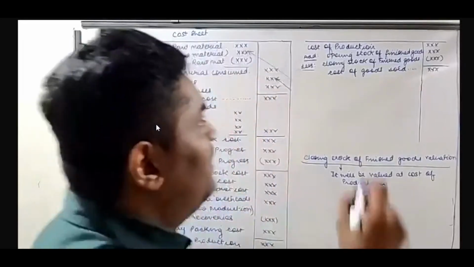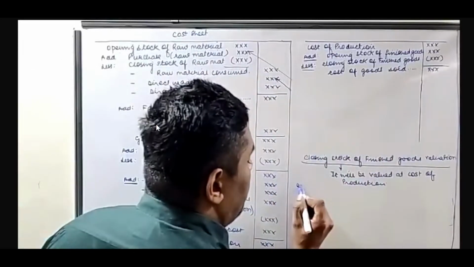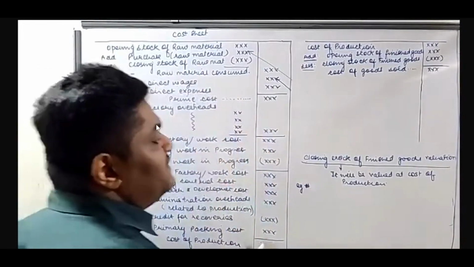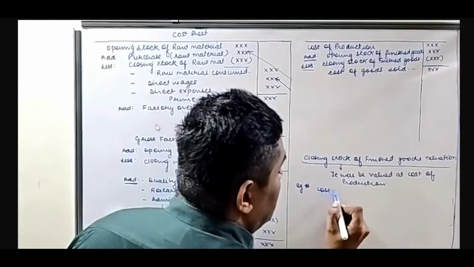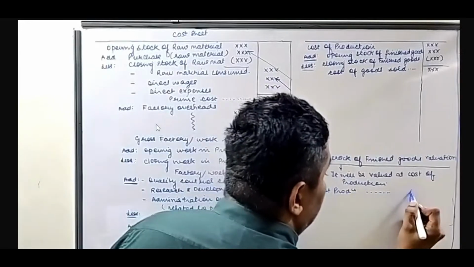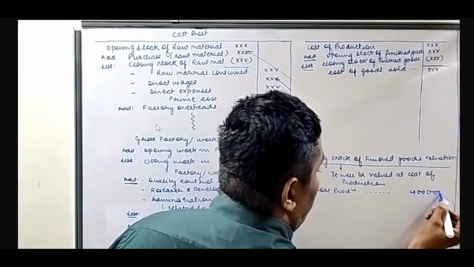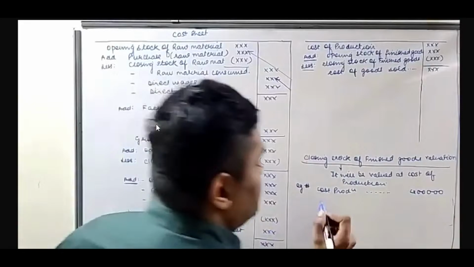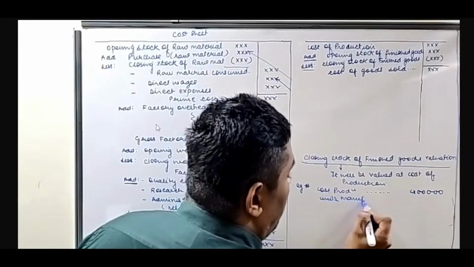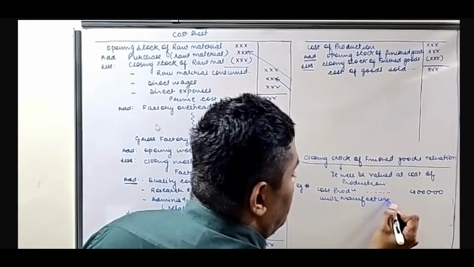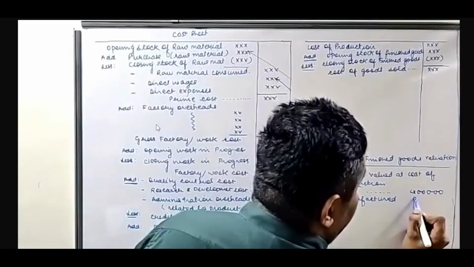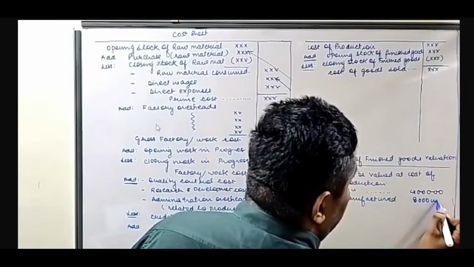Let's say my cost of production is 4 lakh. Units manufactured are, let's say, 8,000 units.